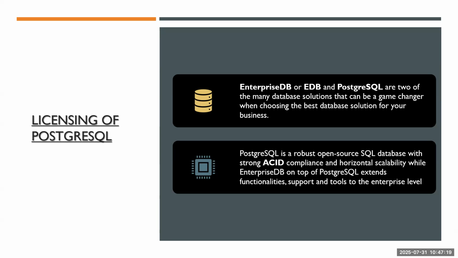Postgres is a robust open source SQL database which supports ACID compatibility. Many people know this, but people who are new to Postgres may not know anything about it. We will discuss ACID properties: atomicity, consistency, isolation, durability.